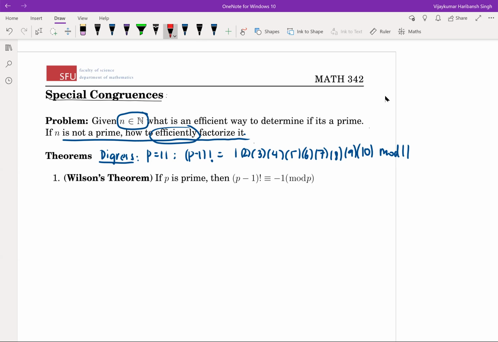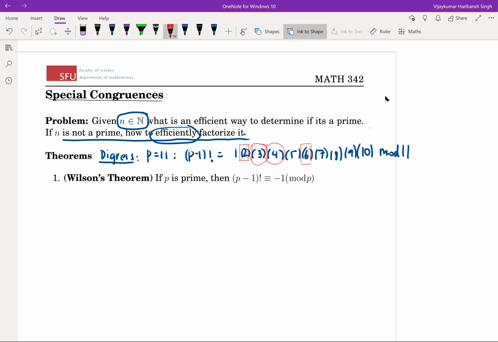So the inverse of 2 modulo 11 is 6. When I multiply them, I get 1 mod p. Similarly, 3 times 4 is also 12, which gives me 1 mod p. So these two, when you multiply, you get 1 mod p.